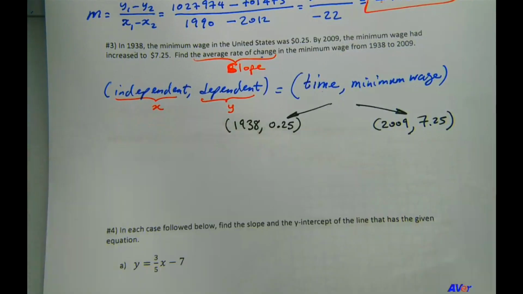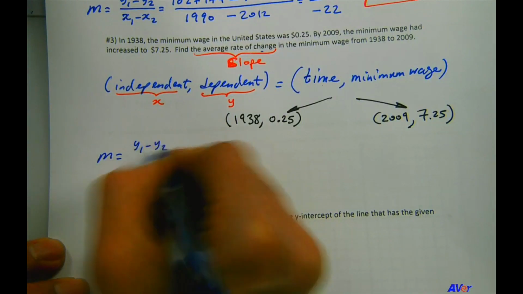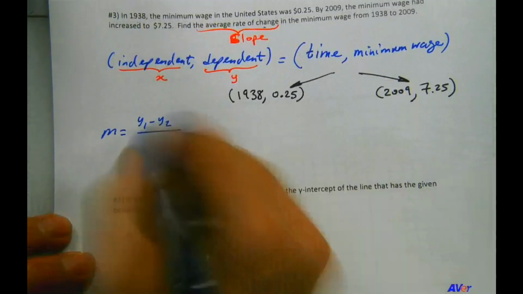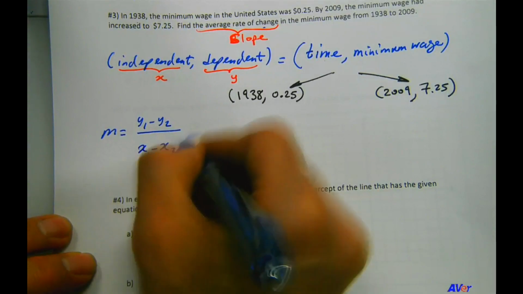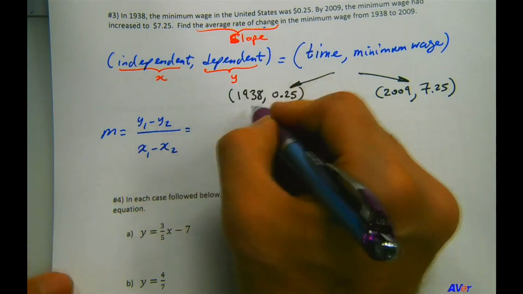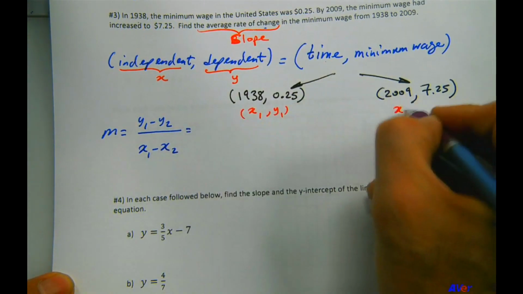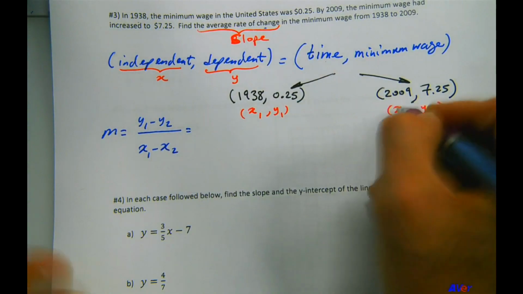Okay, so now that we know that for this problem, let's find the slope. The slope is y1 minus y2 over x1 minus x2. And for the sake of convenience, if it helps everyone, let me label these x1, y1 and x2, y2.